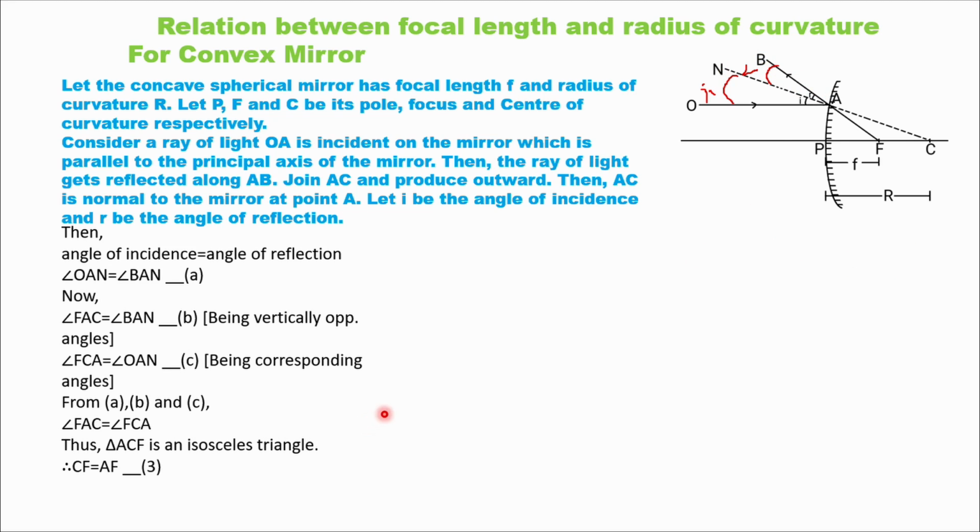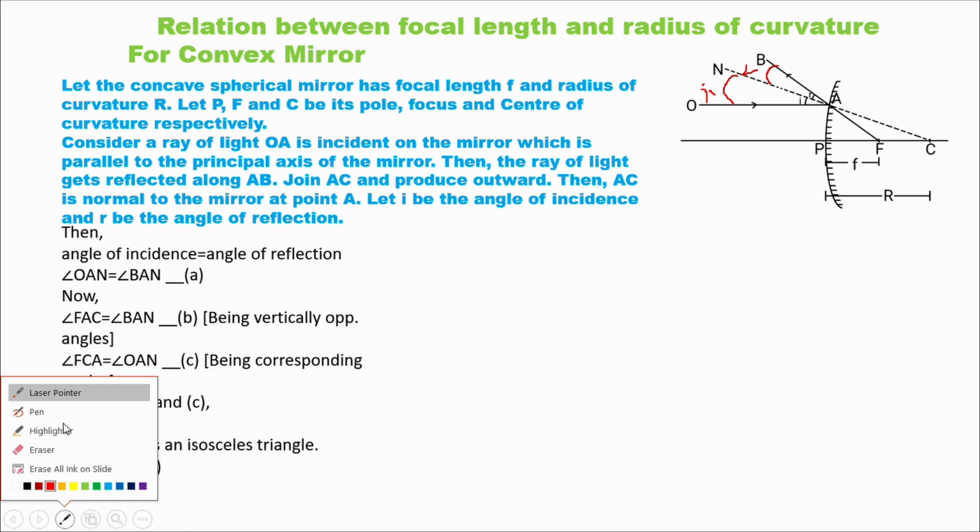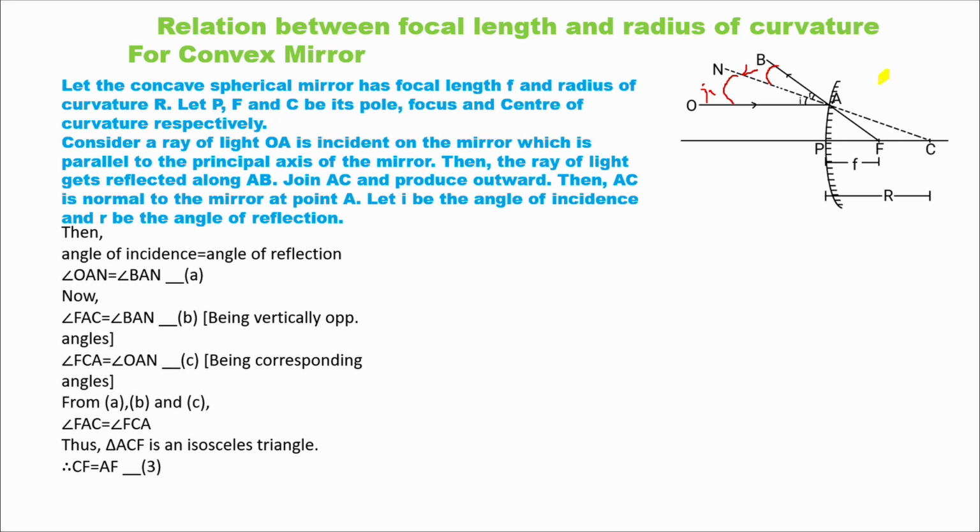So from the diagram, FAC and FCA, I will mark that one with the highlighter. This is the triangle FAC. In triangle FAC, angle FAC and angle FCA are the two equal angles. Because of that, you can say that triangle ACF is an isosceles triangle.